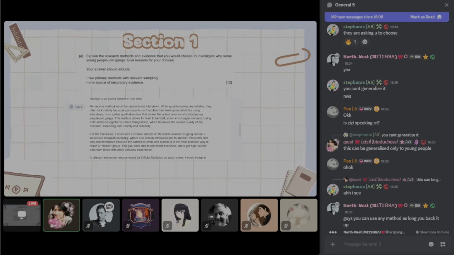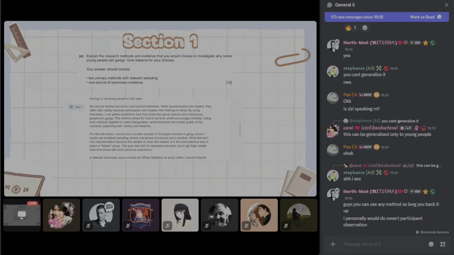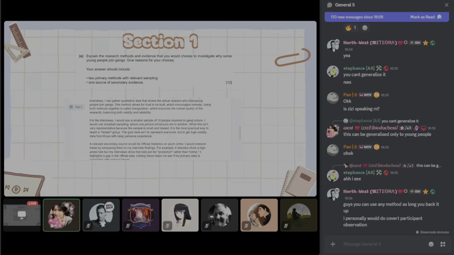As you guys know, snowball sampling is when you reach one person and ask them to reach more people with a specific characteristic. While this isn't very representative because the sample is small and biased, it is the most practical way to reach a hidden group, because gangs are not that open.